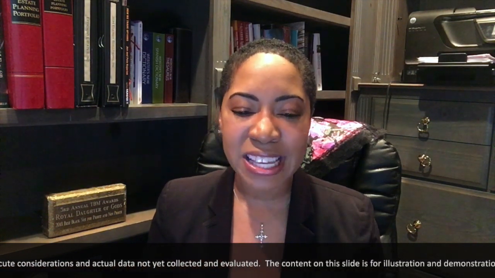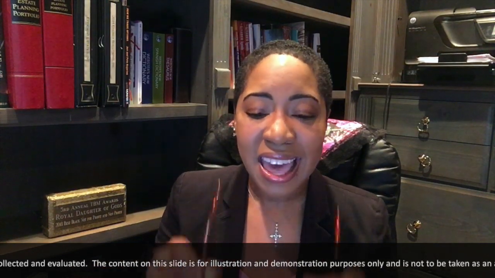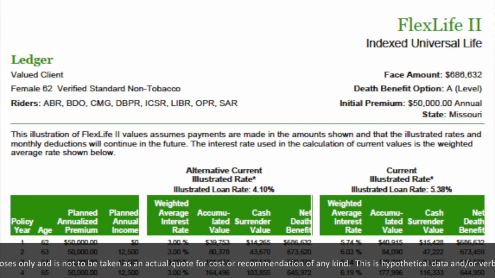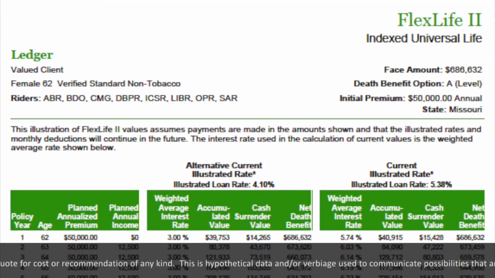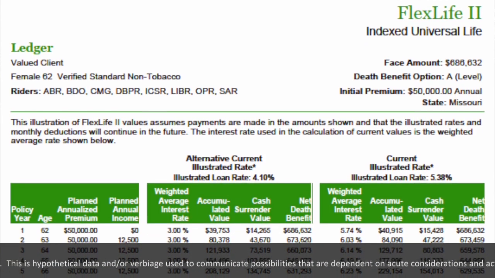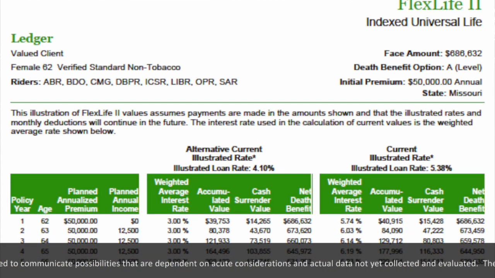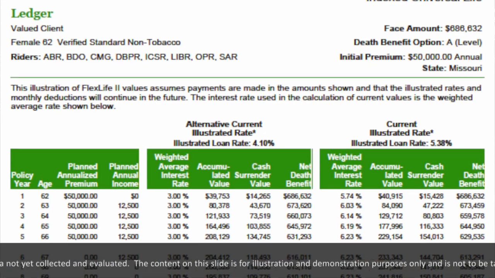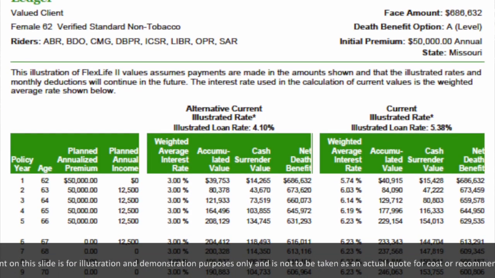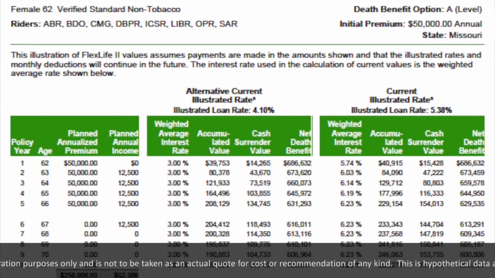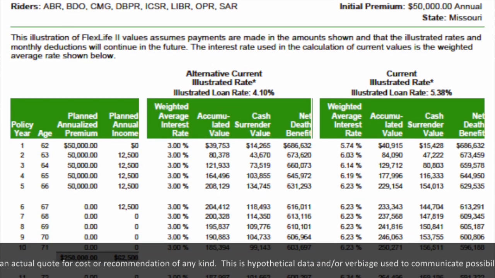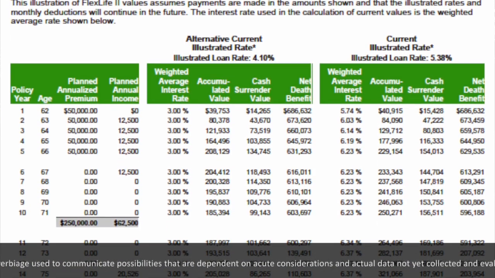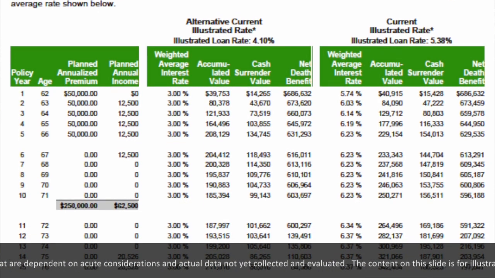Moving on, that next page incorporates then the alternate rate and the alternate current illustrated rate, and then the current illustrated rate, where you see those middle columns are based on 4.1%, and then the last series of columns are based on 5.38%.